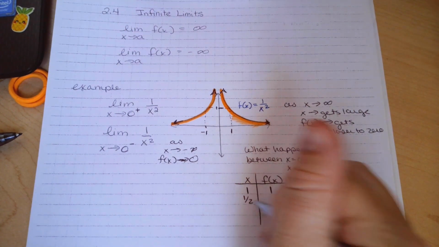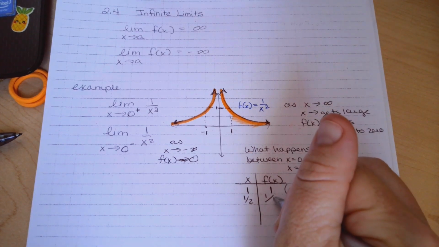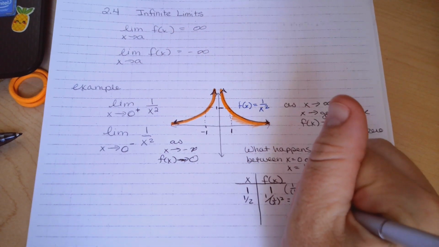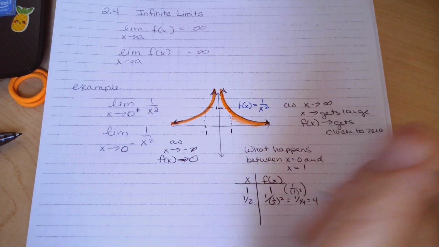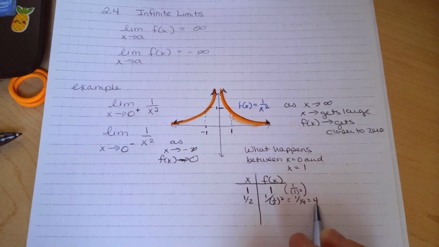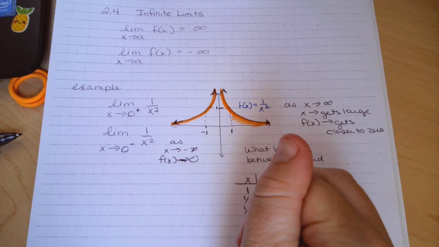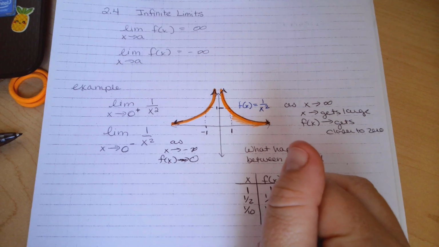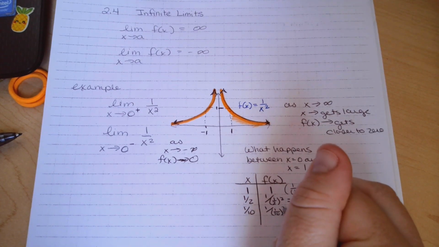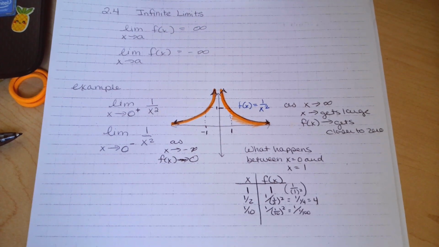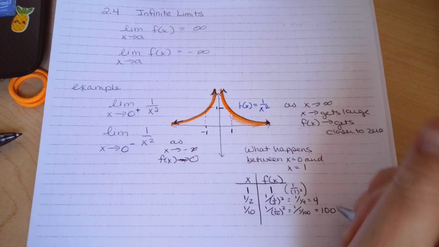If x is 1/2, we get 1 over 1/2 squared, which is equivalent to 1 over 1/4, which equals 4. So we input 1/2, which is less than 1, and we got an output of 4. Now, if I put in something like 1/10, which is even smaller than 1/2, I have 1 over 1/10 squared, you get 1 over 1/100th, which equals 100.